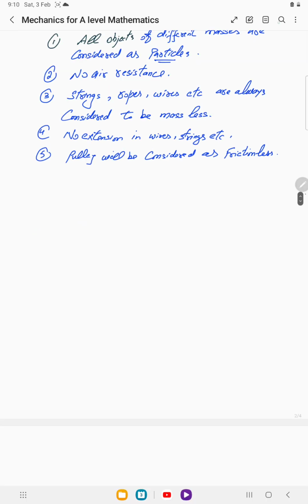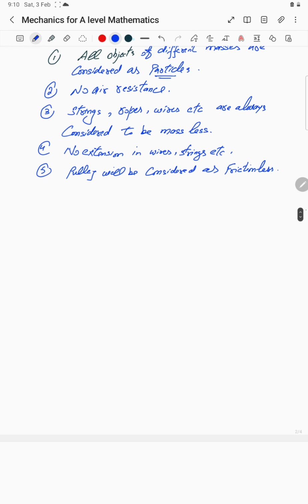Okay, now we will consider a few basic definitions, like distance and displacement. What is the difference between these two terms?